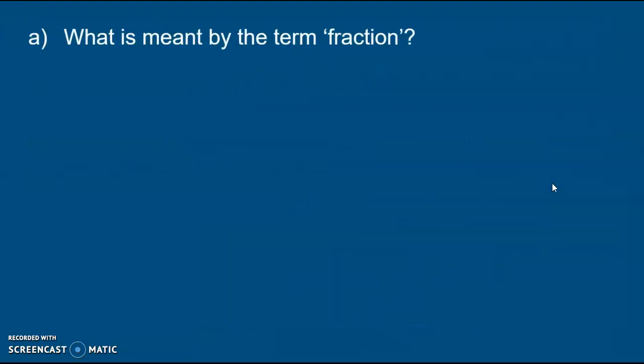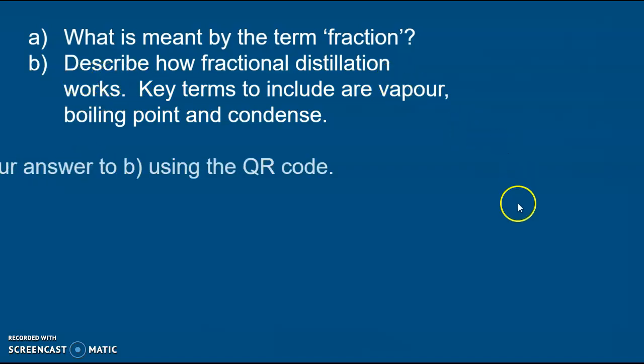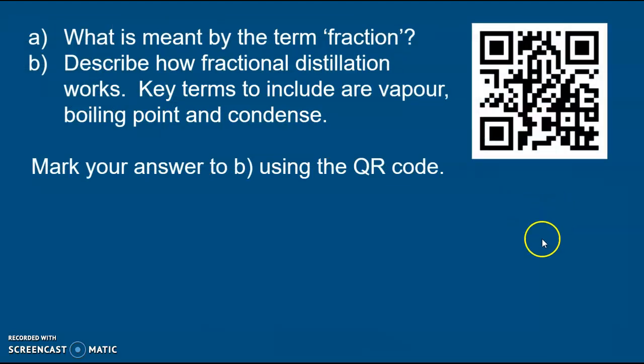So a fraction is a part of the whole crude oil mixture, and a fraction is a mixture again, but a mixture with a relatively small boiling point range. And if you look on this QR answer to this question, it's quite important because this sort of thing comes up quite often on GCSE papers.